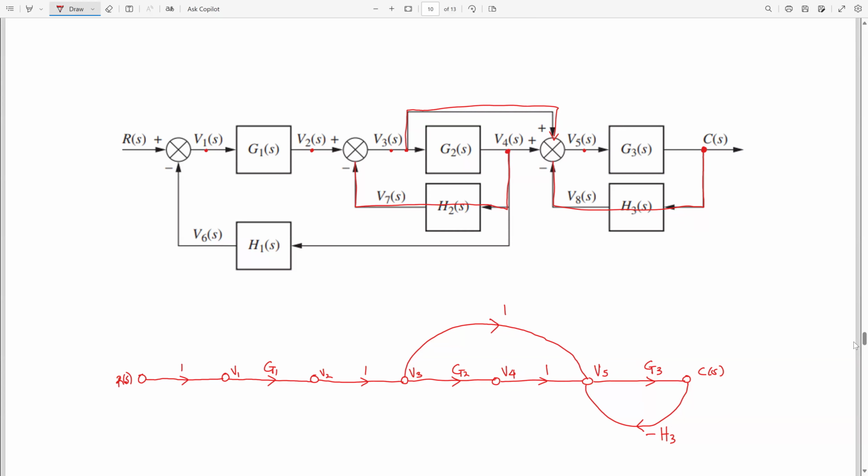So from V4 to the output of the summing junction, which is V3, I get minus H2. Okay. Then again from V4 to the output of the summing junction, V1. So from V4, I play a long ball to V1. Okay, let me connect it to V1, and that gives me minus H1. It's minus because of the minus here.